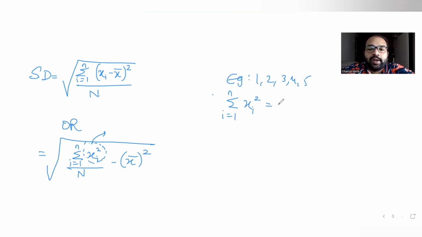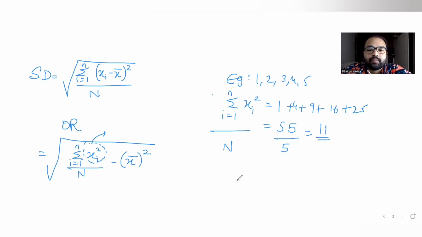So if I find the squares, it is 1, 4, 9, 16 and 25. If I take the sum of them, it becomes 41, 50, 54, 55. Now, what you do is divide this by the number of terms. The number of terms is 5 here. So 55 by 5 gives me 11.